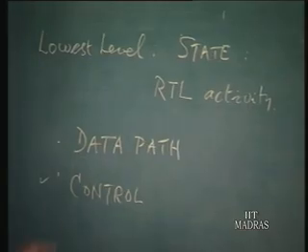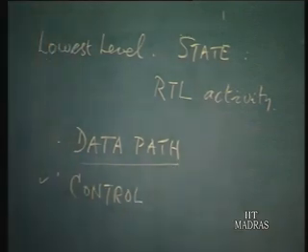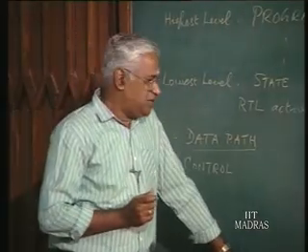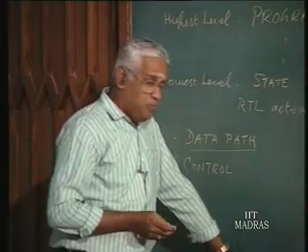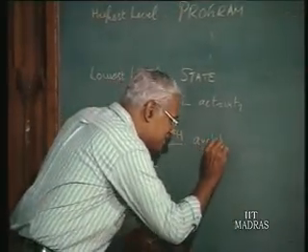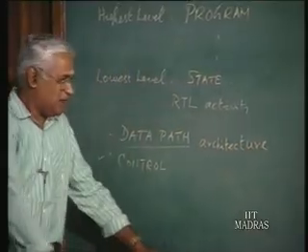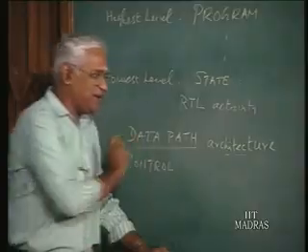Now, we will take a look at the data path part of it, for which we will assume a typical architecture. I hope you would recall we said earlier that architecture is different from organization. That is not precisely what we are talking about here.